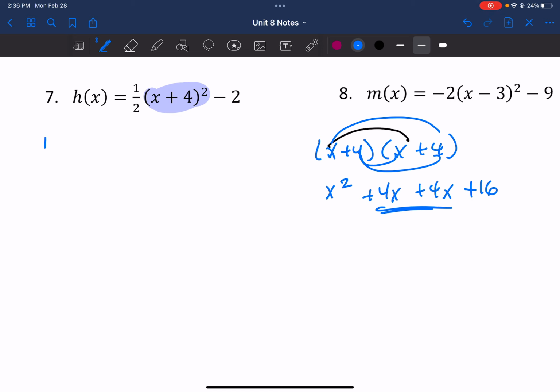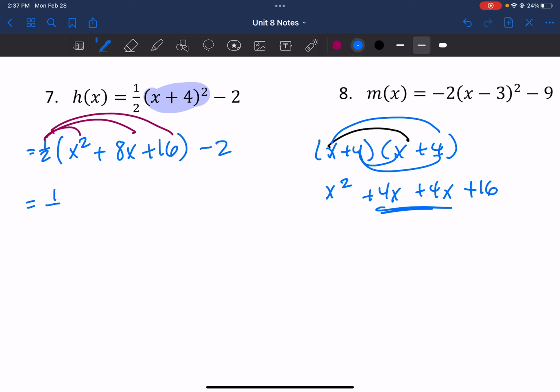All right, so I have 1/2, parentheses, x squared plus 8x plus 16, close, minus 2. Now my next step is to distribute 1/2 to each one. 1/2 times x squared is still 1/2 x squared. Half of 8 is 4x.